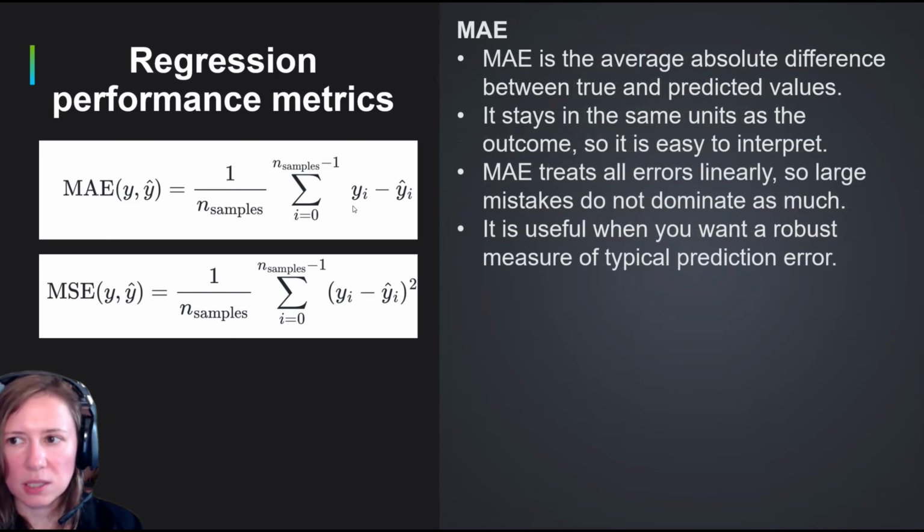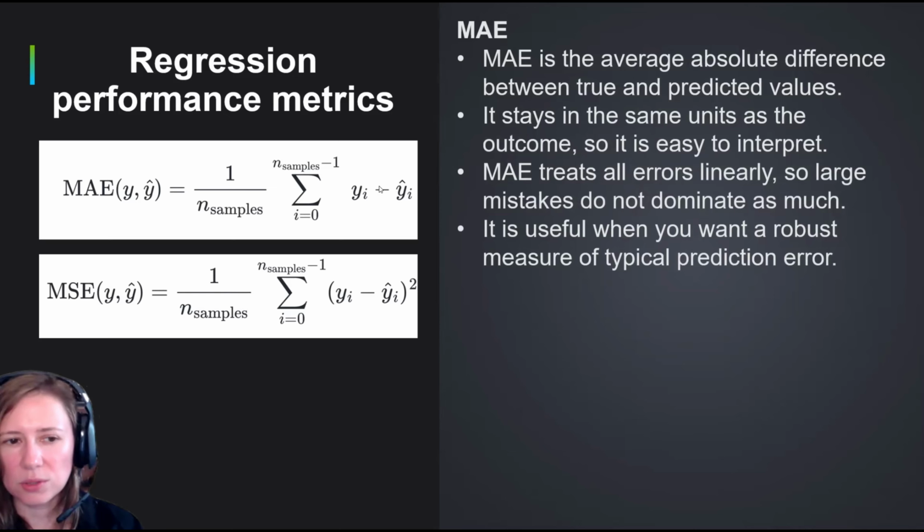It is the average absolute difference between the true and the predicted values. So it's the same formula as down here, but without the square component. This is easier to interpret than MSE because the units, the range of the MAE value that you get as a result, is the same range as the outcome.